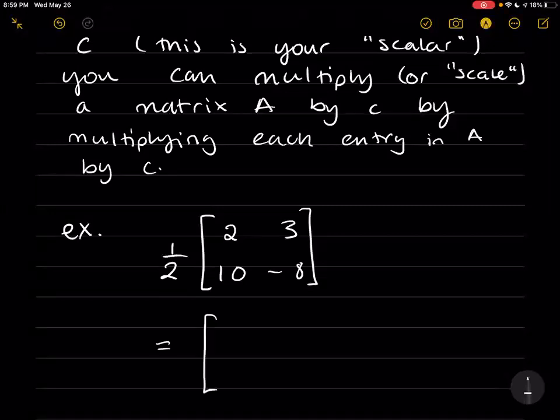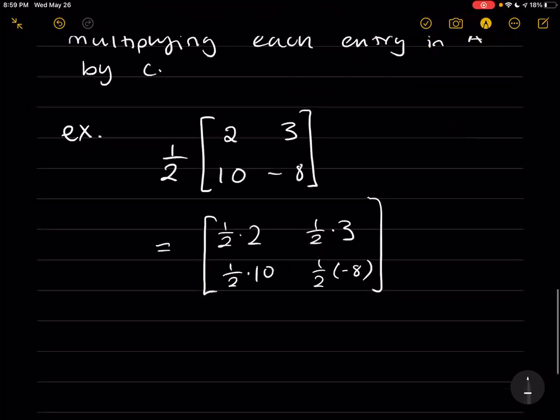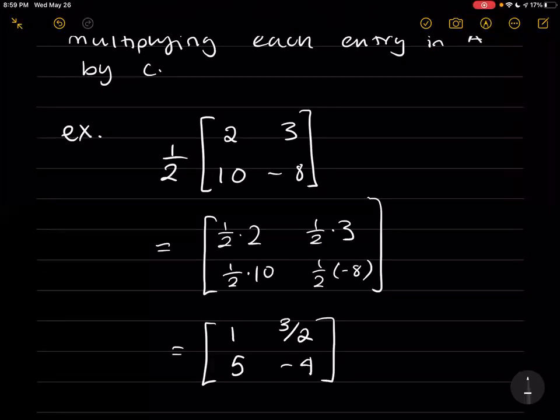So we would get 1/2 times 2, 1/2 times 3, 1/2 times 10, and 1/2 times -8. And then we would just simplify. So we get 1, 3/2, and then 5 and -4. So that's scalar multiplication, also called a scalar product. Also fairly straightforward, which is really nice.